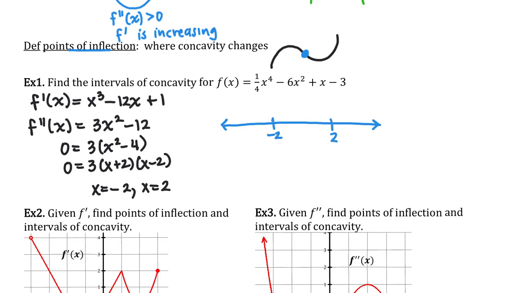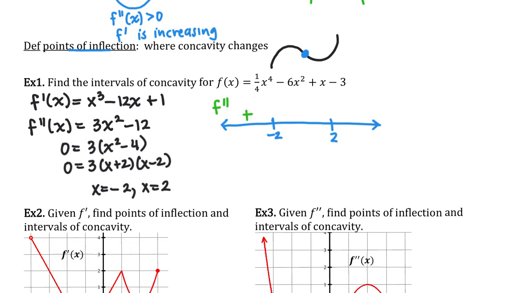Because I'm checking for concavity, I'm going to check the second derivative sign. So if I pick a number lower than -2, like -3, and I plug it in the second derivative, 3 times 9, 27 minus 12, that's going to be positive for f double prime.